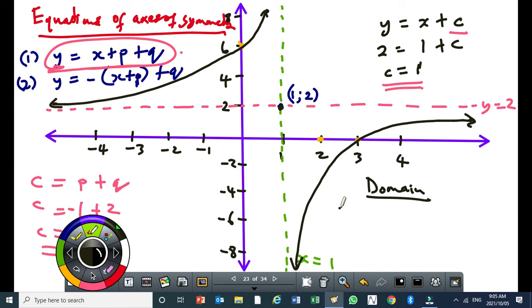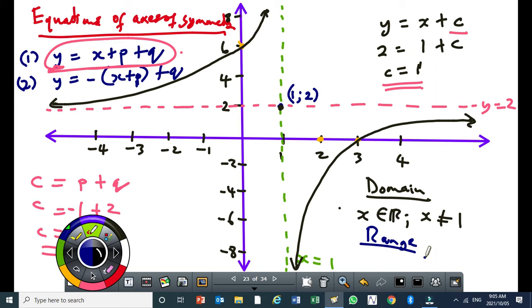Now, for any hyperbola, the domain does not include the x value at the asymptote, right? So you can write this as x is an element of real numbers, but x is not equal to 1. Okay? That would be the easiest way of writing without complicating things. So what this means is x can take on any value, but x can never be 1.